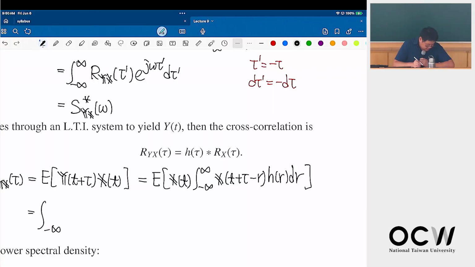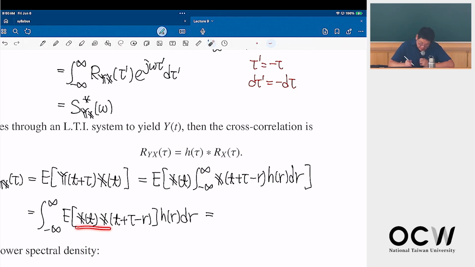And then we put the expectation inside the integral. X t, X of t plus tau minus r, h of r dr. And this term is the autocorrelation of X, first minus second. So we'll get R X of r minus, first minus second, over r minus tau.